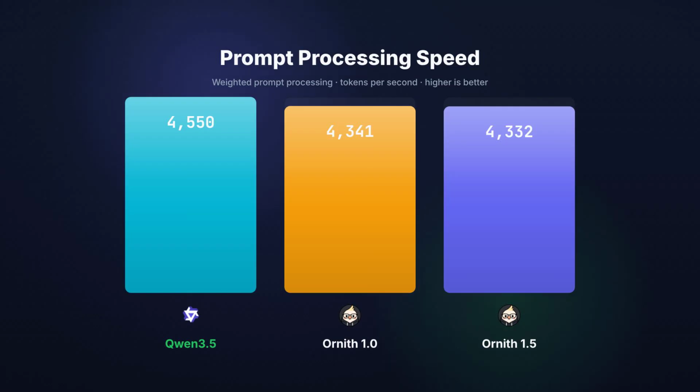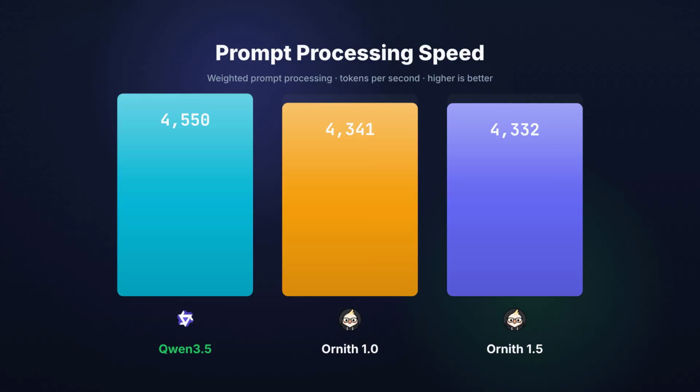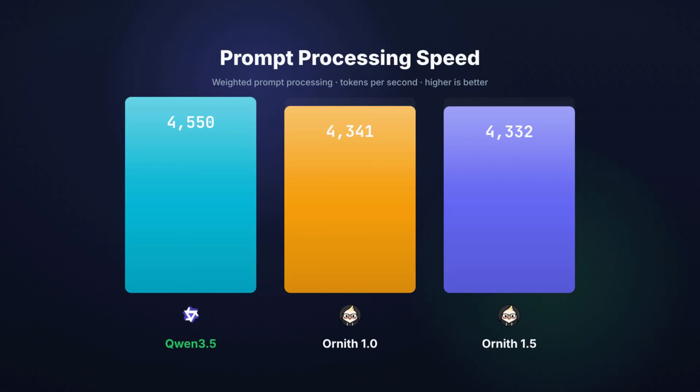Qwen holds a 5.03% prompt processing advantage over the new Ornith, closely matching its generation advantage in the same run. The older Ornith reaches 4,341.13 tokens per second, again showing no meaningful local speed separation from version 1.5.